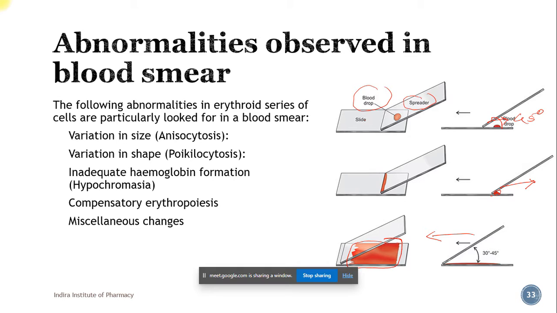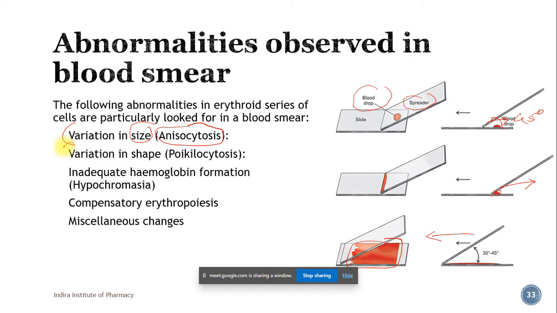So what abnormalities are to be observed in a blood smear? First is variation in size, that is anisocytosis. We know the size, shape and color of the red blood cell, so we first see whether there is any variation in the size of the red blood cells.